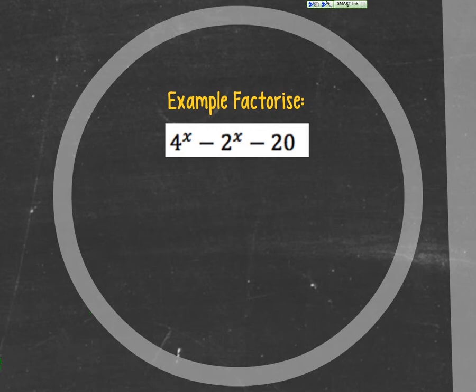So, kind of like what we were just talking about, I can write 4 to the x as 2 to the x squared. Right, so we know that does work out. Take that little check.